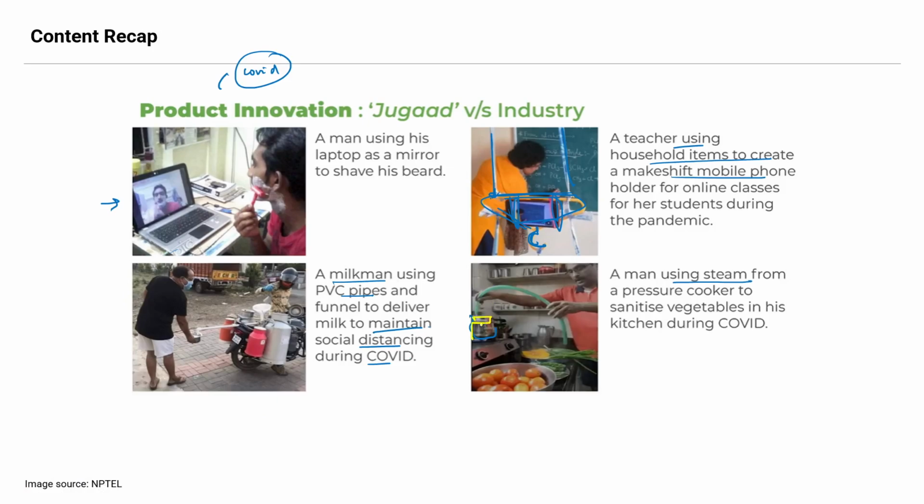This is the pressure cooker, and this is the steam, and this is the pipe. So this is how the steam is going and sanitizing the vegetables during the COVID time.